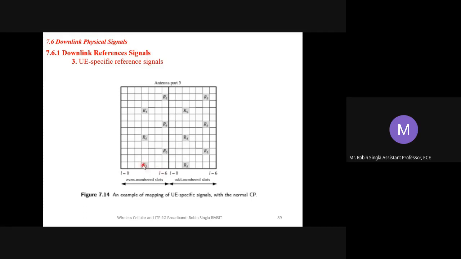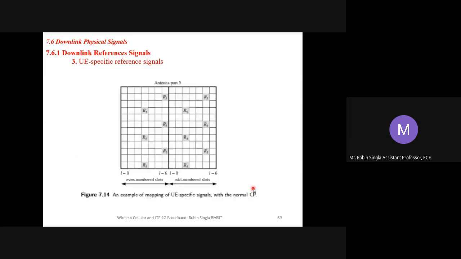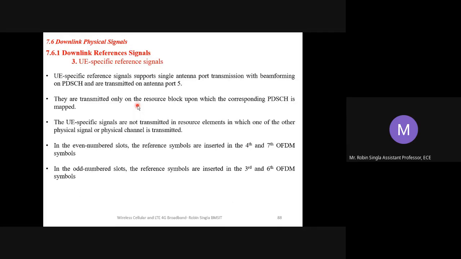You can see reference symbols are inserted in 4, 7, 4, 7. And in the odd-numbered slot, the reference symbols are inserted in the 3rd and 6th OFDM symbols. You can see reference symbols in the 3rd, 6th, 3rd, 6th. So these are your user-specific reference signals.